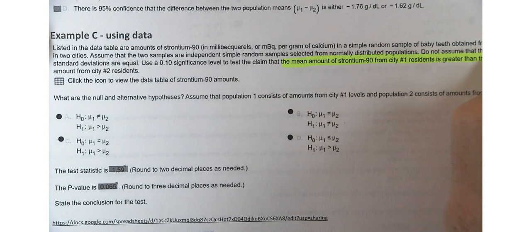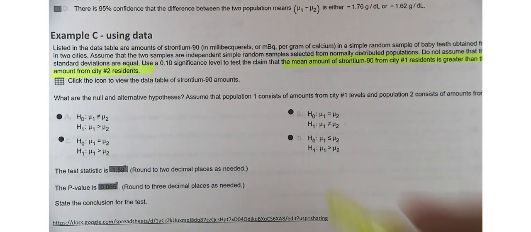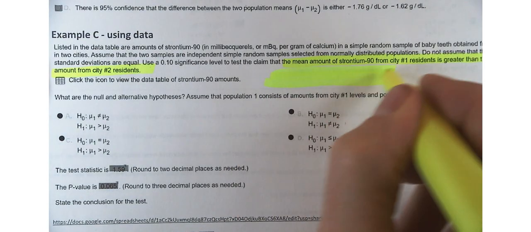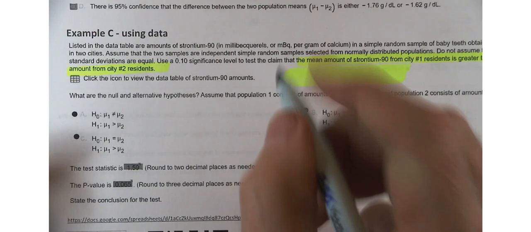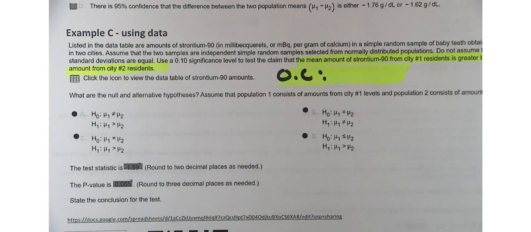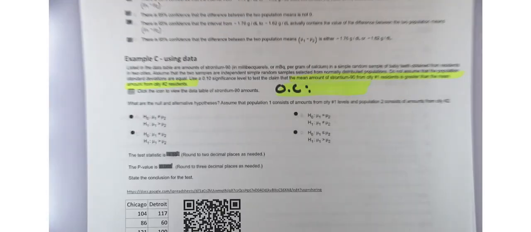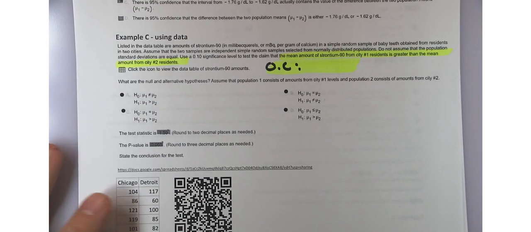Let's start by writing an original claim. What would that look like? We're not going to worry about the null and alternative hypothesis just yet, but just write our original claim in terms of mu1 and mu2. Now, a lot of times I would write mu sub d and mu sub c for problems like this, but seems like there's a preference for mu1 and mu2, so we'll stick with that.